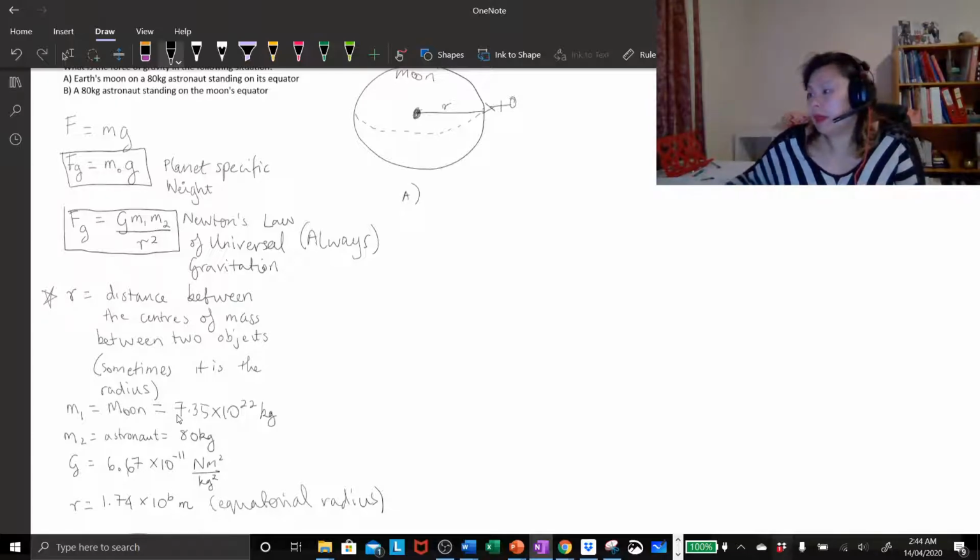So with part A, we're going to look at the force on the astronaut by the moon is equal to 6.67 times 10 to the negative 11, and if you have your units, newton meters squared per kilograms squared.